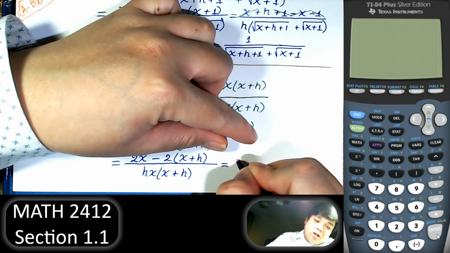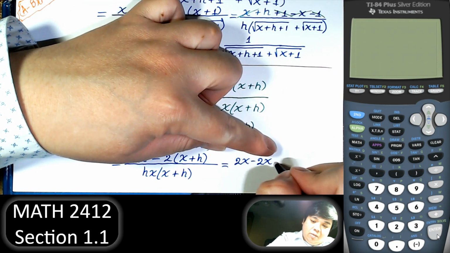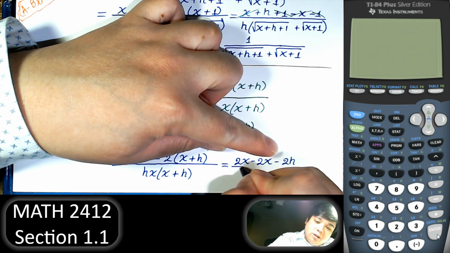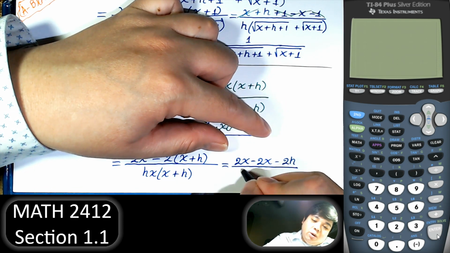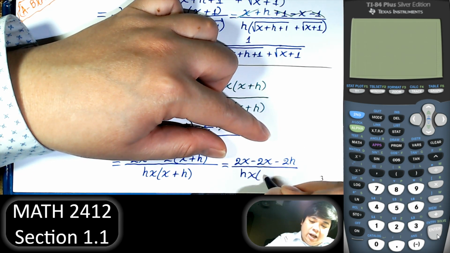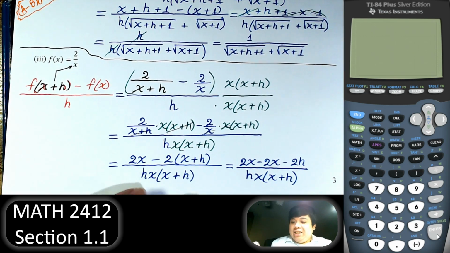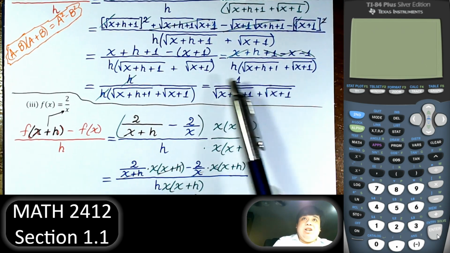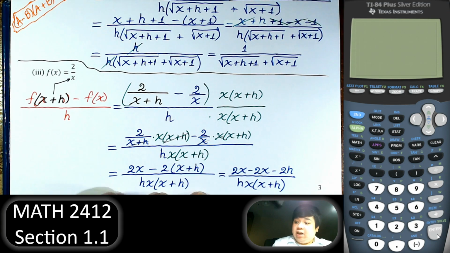Multiply it out on the top: 2x minus 2x minus 2h over hx and x plus h. And then you say, why don't we multiply out the denominator? Well, for the same reason as before: we want to cancel the h at the bottom, so that's why we want that to be by itself here.